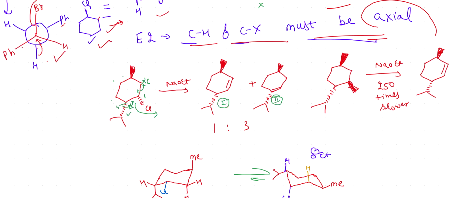As the base here we are using is less strong, but less hindered, not bulky as a base like NaOC butyl groups. When we use butyl groups over here, 1, 2, 3, 4, that is more bulky as compared to ethyl groups.